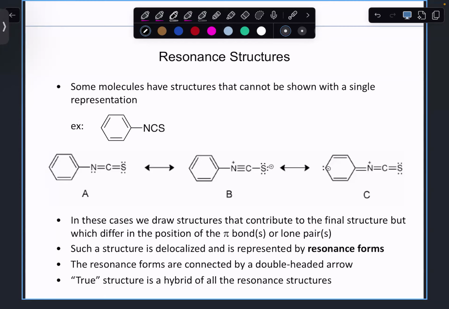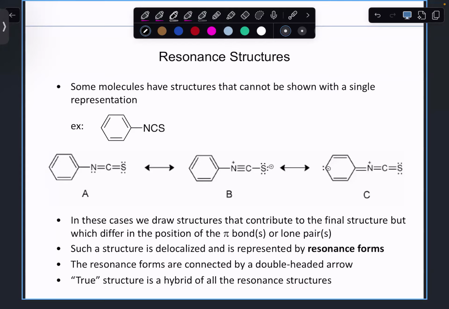It's always a blend of those two animals. It's the same thing: these resonance hybrids don't flip back and forth between each of the structures. They're just a blending or a mixture of the different resonance forms. So that's just one thing to be clear of there.